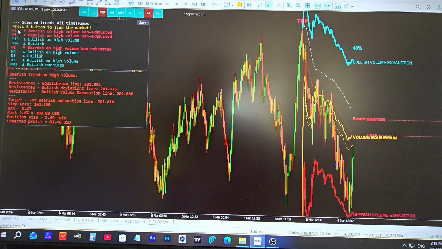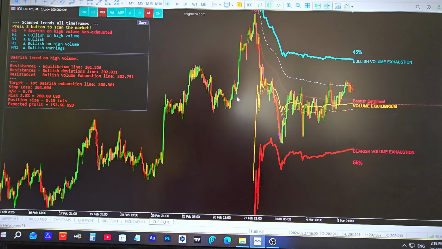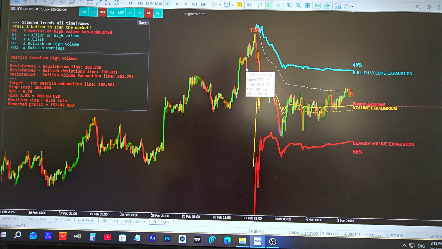In this respect, I will not trade 1 minute or 5 minutes bearish trends, but I will focus on the 1 hour time frame. I just press on the result, and here is our chart.